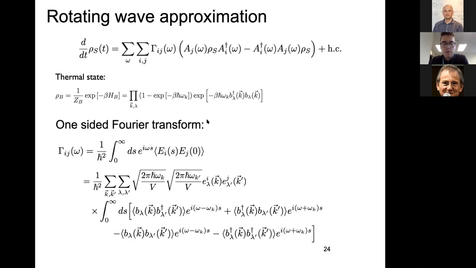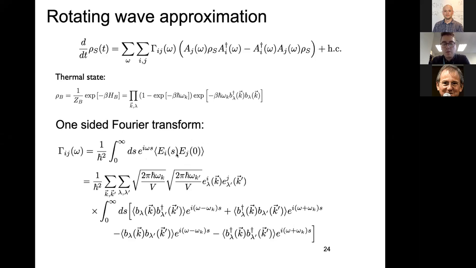After we've introduced this rotating wave approximation, we can then proceed to evaluate these one-sided Fourier transforms of our reservoir correlation function. All I've done here, from the previous slide, is use the fact that these correlation functions are time homogeneous and substitute that into this expression.